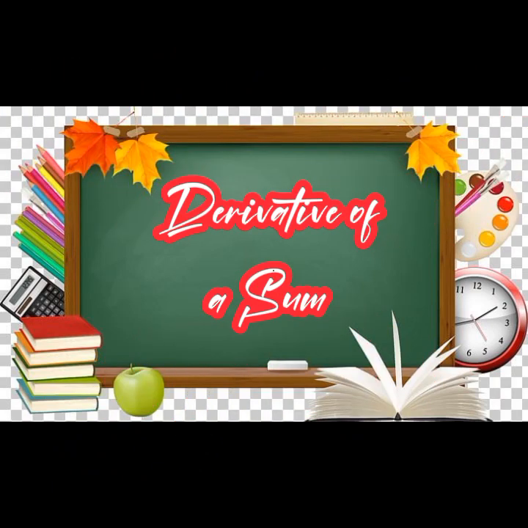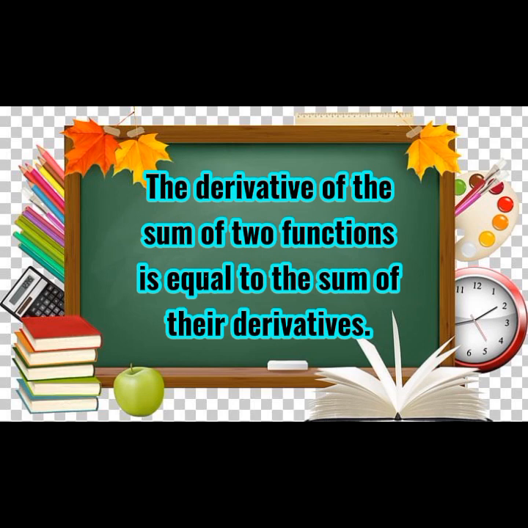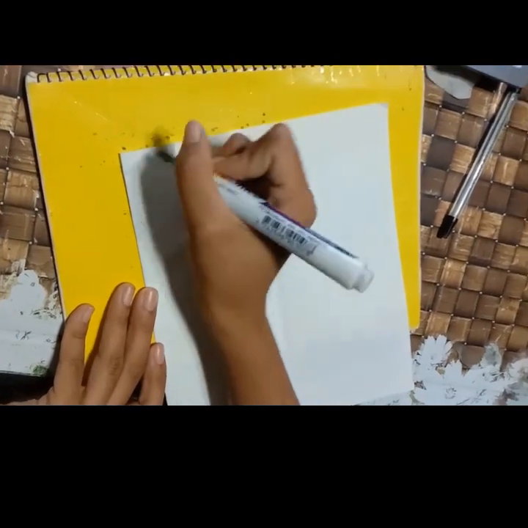Derivative of a sum. The derivative of the sum of two functions is equal to the sum of their derivatives. Example for the derivative of a sum.